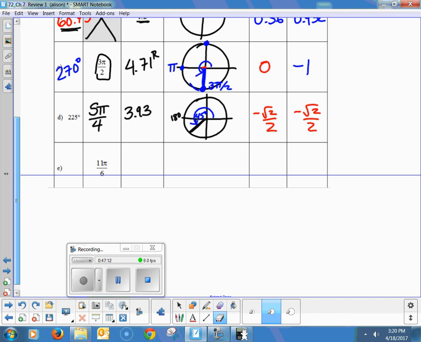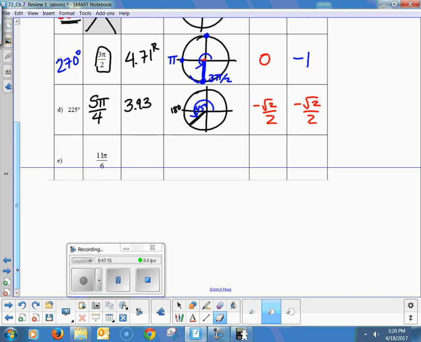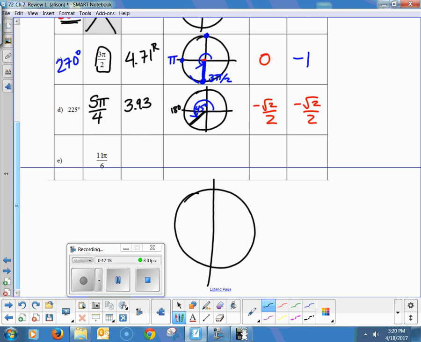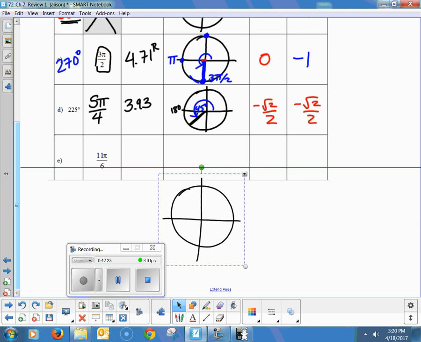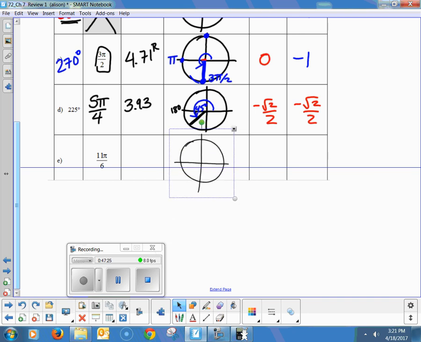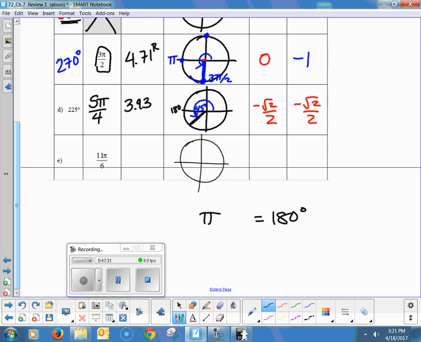It's fun. And last but not least, 11 pi over 6. Well, let's see. I know that pi radians is 180 degrees.